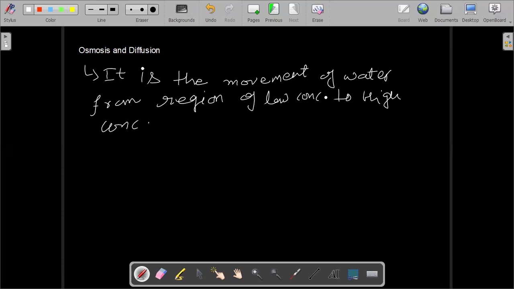And also for osmosis to occur, it is a necessary condition that two solutions must be separated by a semi-permeable membrane.